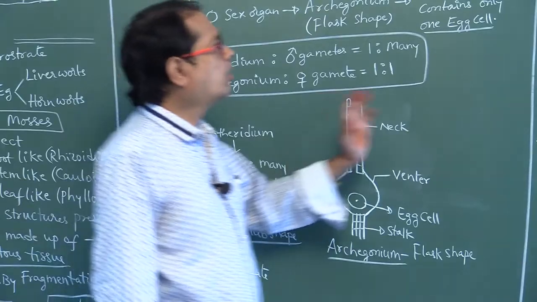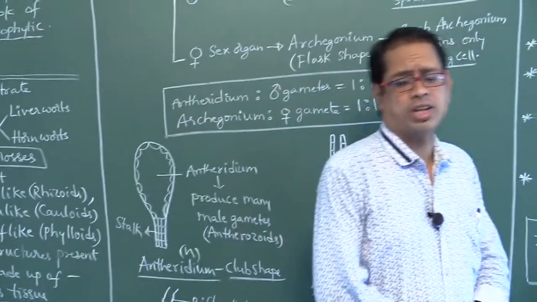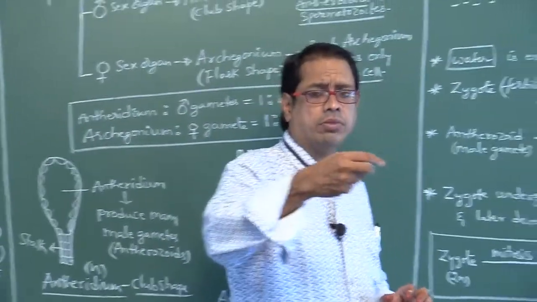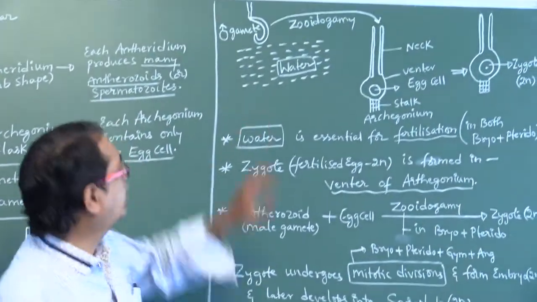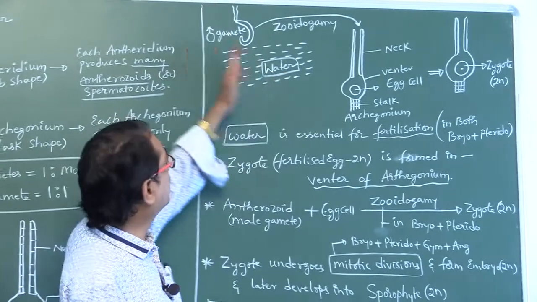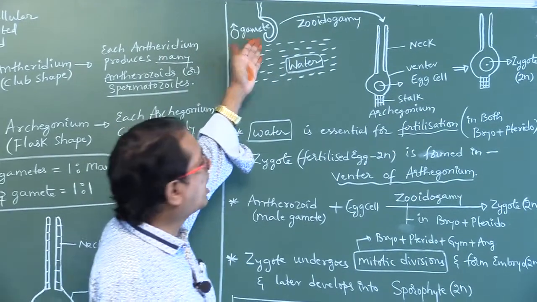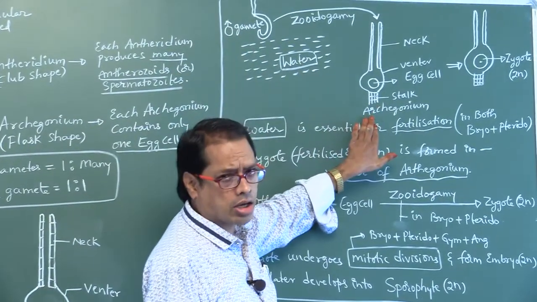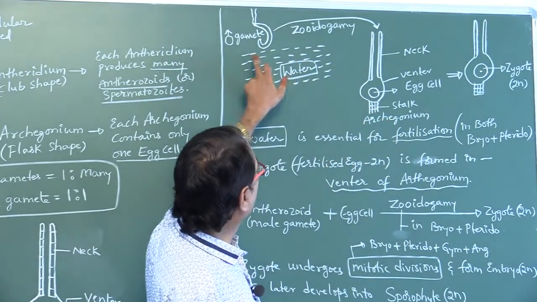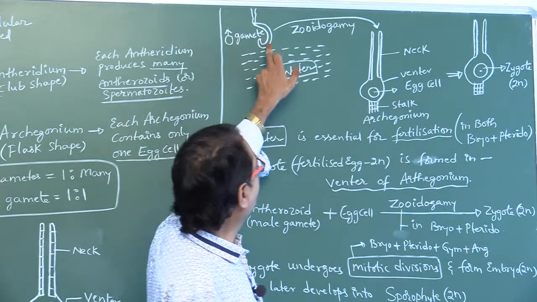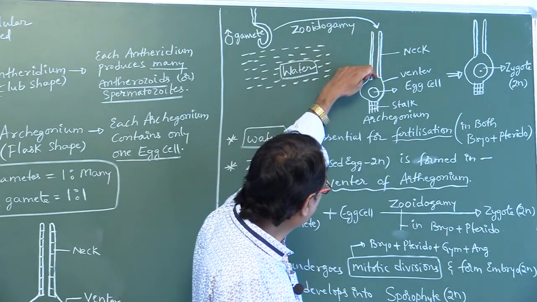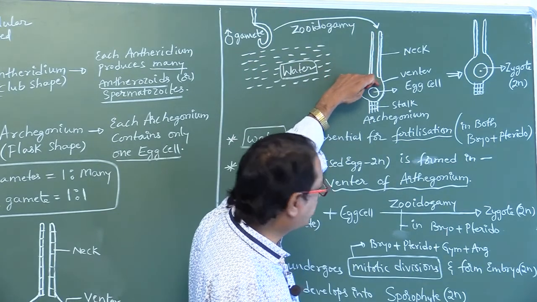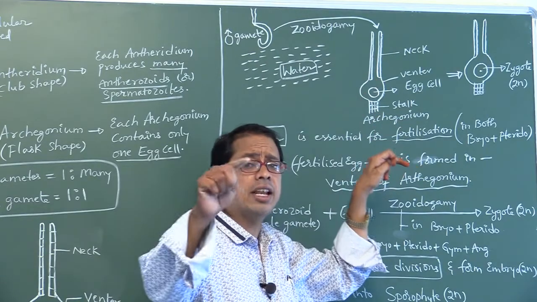Now, how does fertilization occur? From the Antheridium, male gametes are released and they fall on water. Suppose this is the water, with the released male gametes, and this is the female sex organ, the Archegonium. They reach the Archegonium neck, and the male gamete enters the neck and then finally the venter, where the egg cell is present.